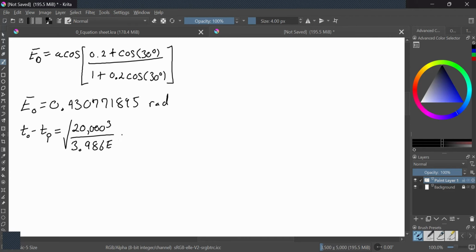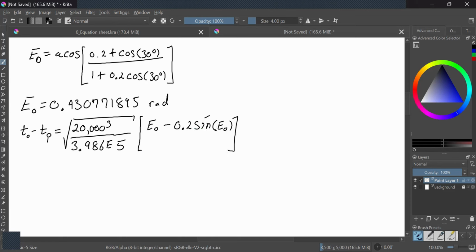That should be a 5, not an S. Times E0 minus 0.2 times the sine of E0.